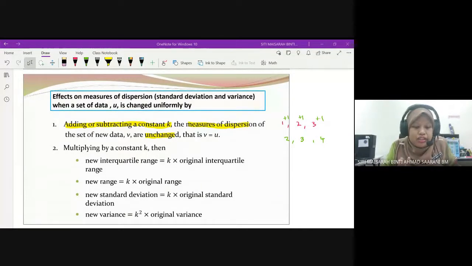Asalnya pendapatan dia sekian, dan kita dah kira variance dia. Lepas tu kalau dia nak tingkatkan pendapatan untuk setiap pekerja sebanyak 20%, so maksudnya dia akan jadi berapa? Asalnya 100%, so dia akan jadi 120%. Betul tak?